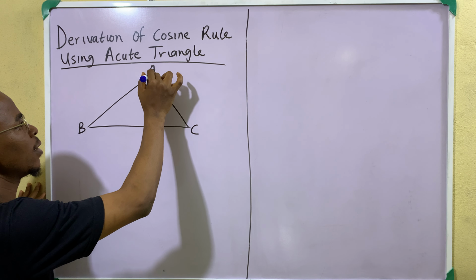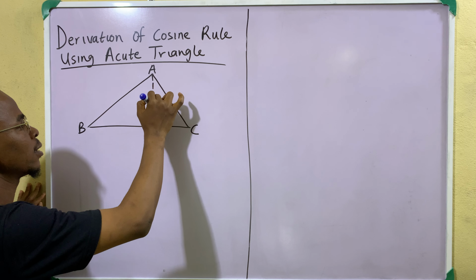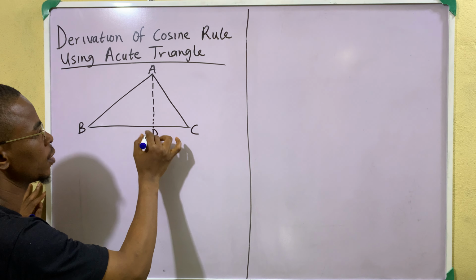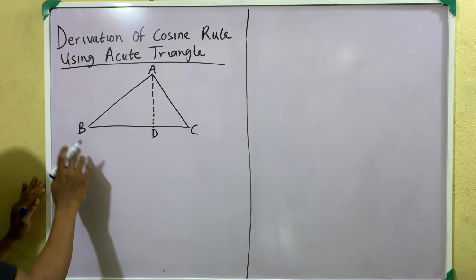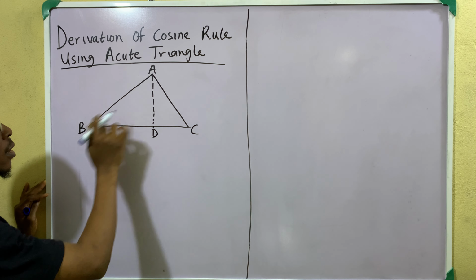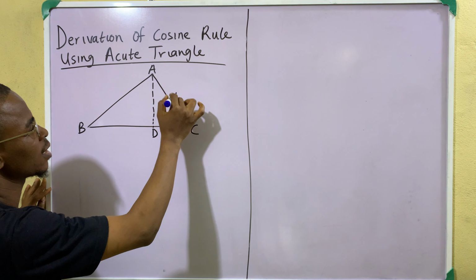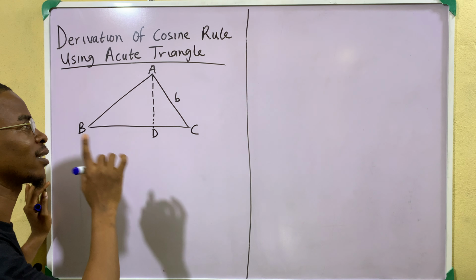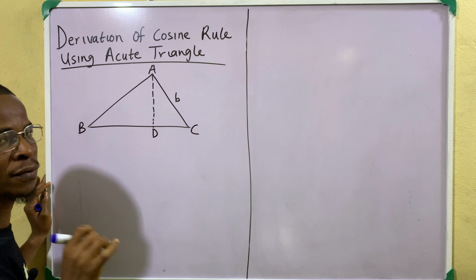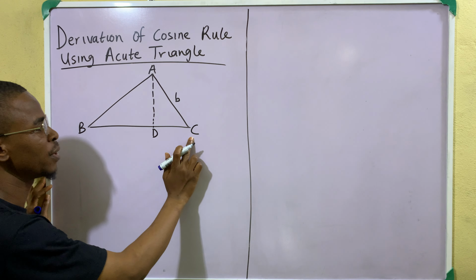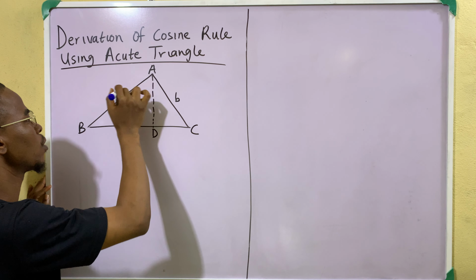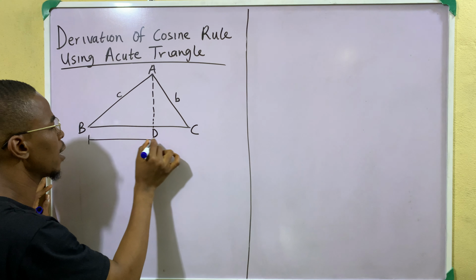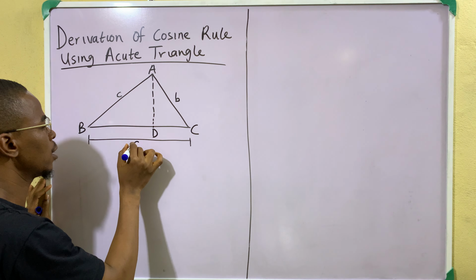Then we make a perpendicular line down to this point, and let's call it D. If here is B, here will be small letter b. Small letters are used for labeling sides of a triangle, while capital letters are used for labeling angles of a triangle. If here is big C, here will be small c. If here is A, from here to here will be a.